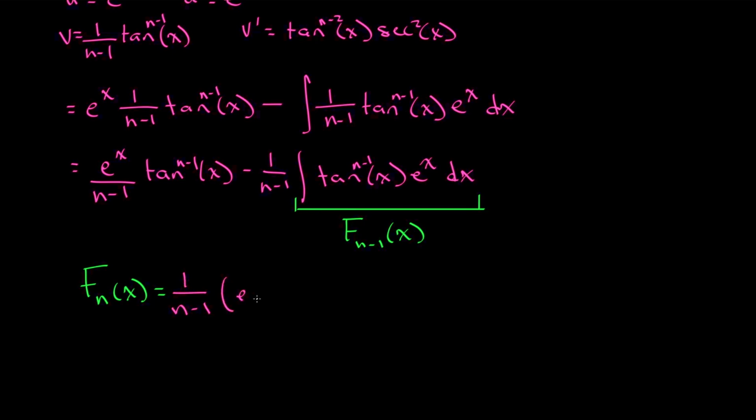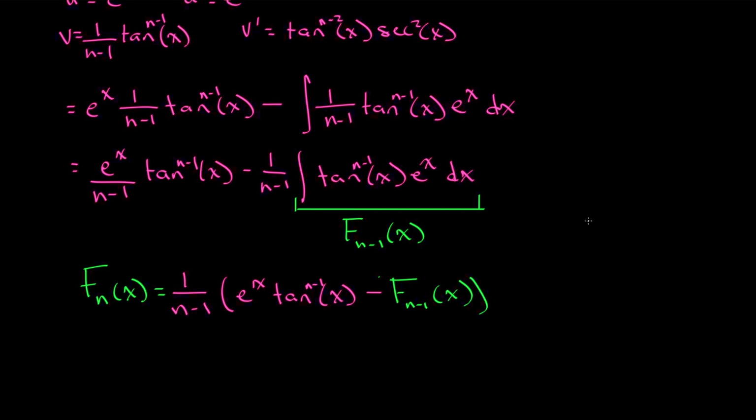So this is going to be e to the x times tangent of x to the n minus 1 power, and then we have minus what we have here in green. So capital F sub n minus 1 of x. And again, that's because we factored out 1 over n minus 1. So this is all that we have left in here. And then that is everything up here in pink.